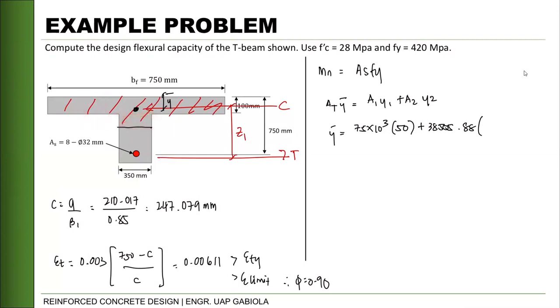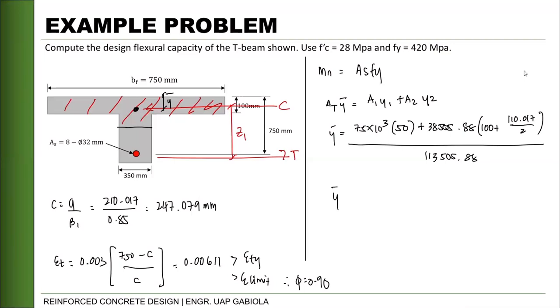So that is 100 plus 110.017 over 2, divided by our total concrete area, 113,505.88.